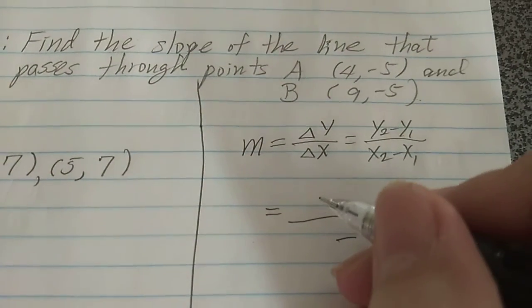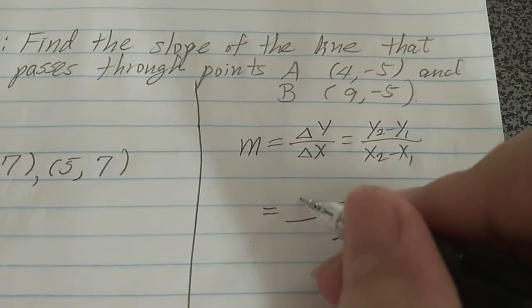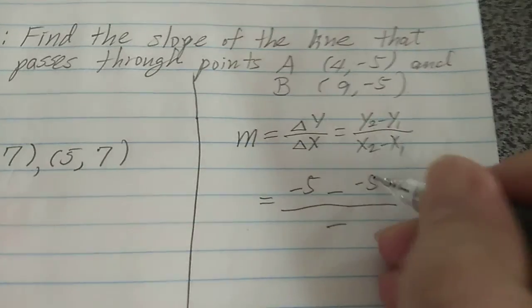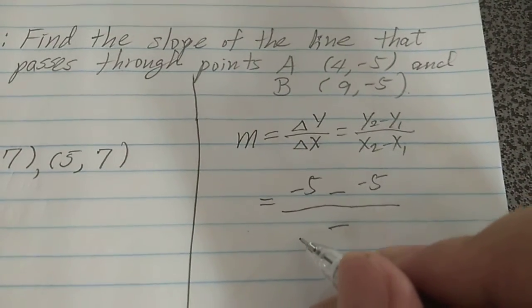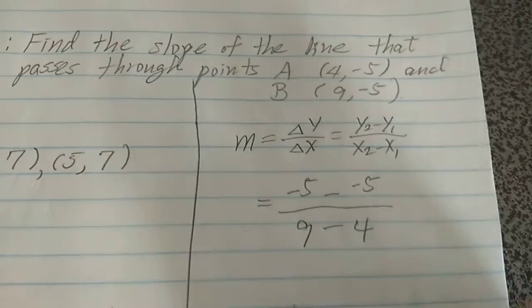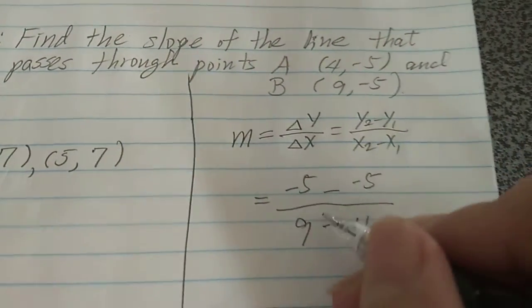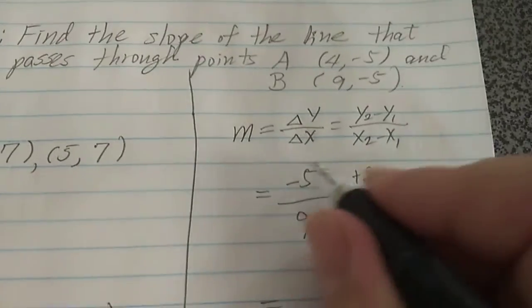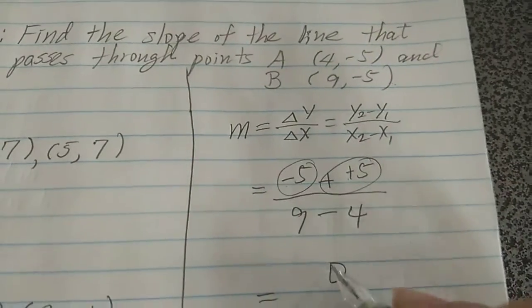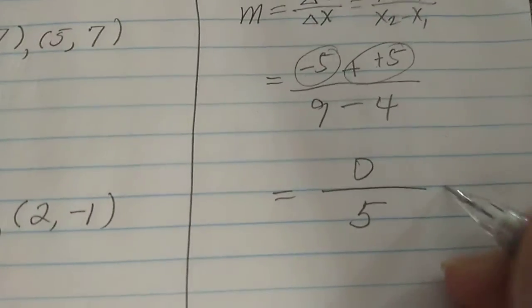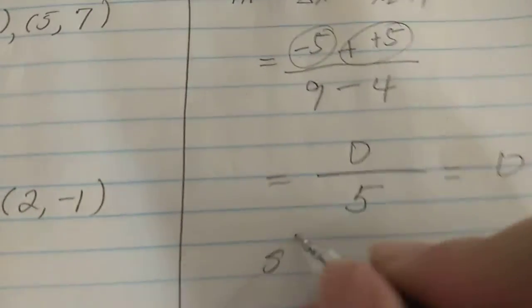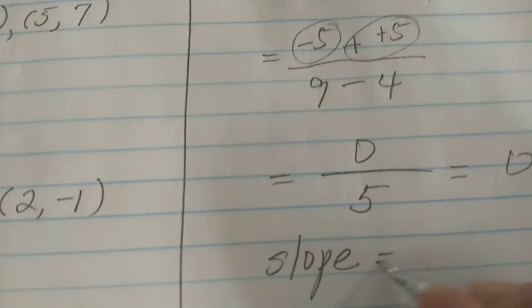I'm going to take the y from this one, which is -5, and the other one is also -5, and then the x is going to be 9 and 4. So -5 minus -5 is like adding a positive, so -5 and +5 together. I get 0, and then here it's over 5, so the slope is 0.